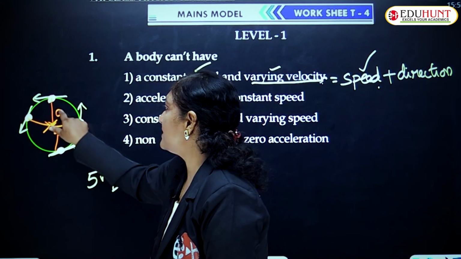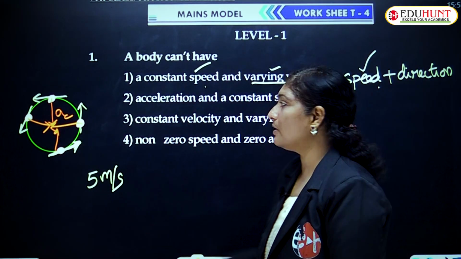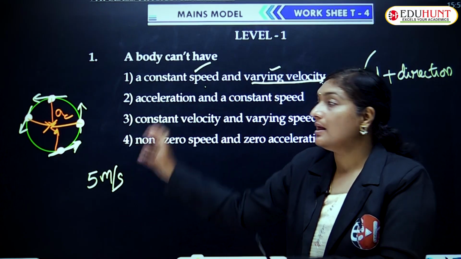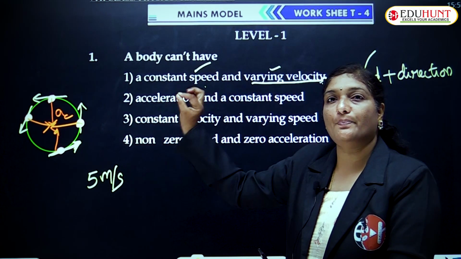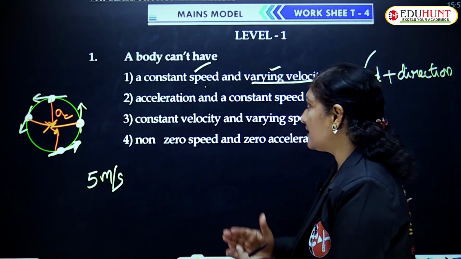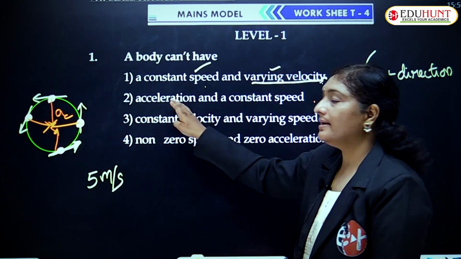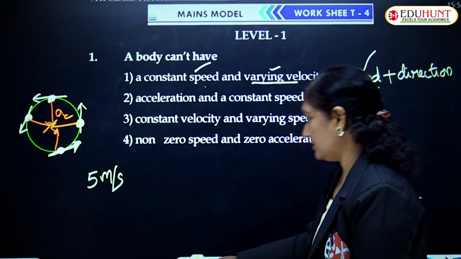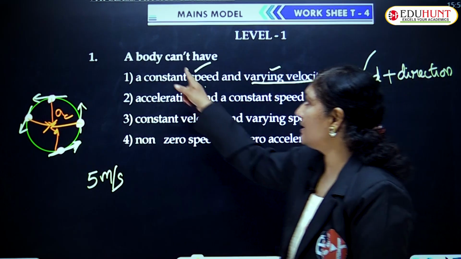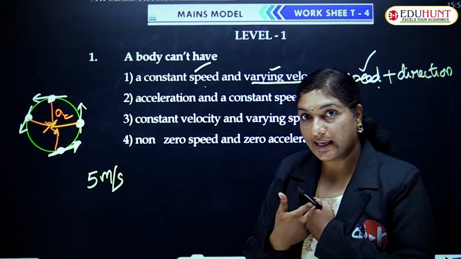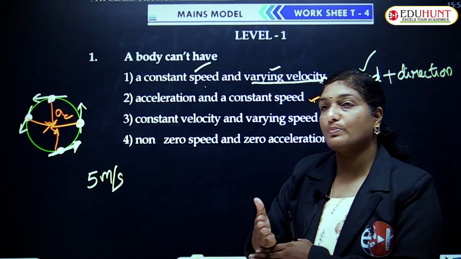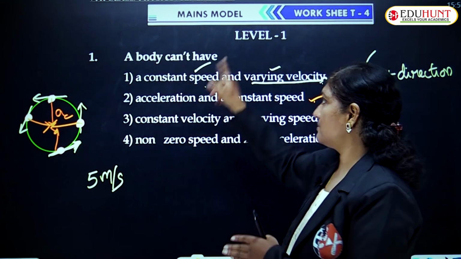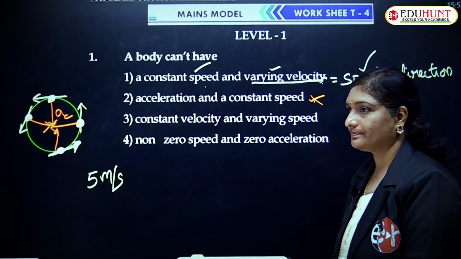So though the body is moving with constant speed, say 5 meters per second, this body possesses centripetal acceleration. So a body can have a constant speed and centripetal acceleration. This statement is also true. What we know is a body can have constant speed and acceleration. But what they gave was can't have. So this also we can't consider.